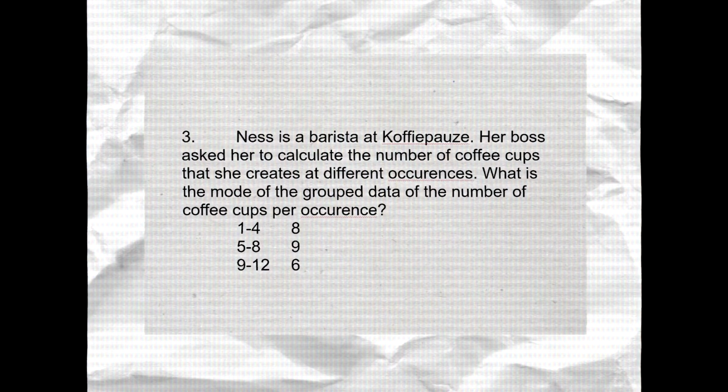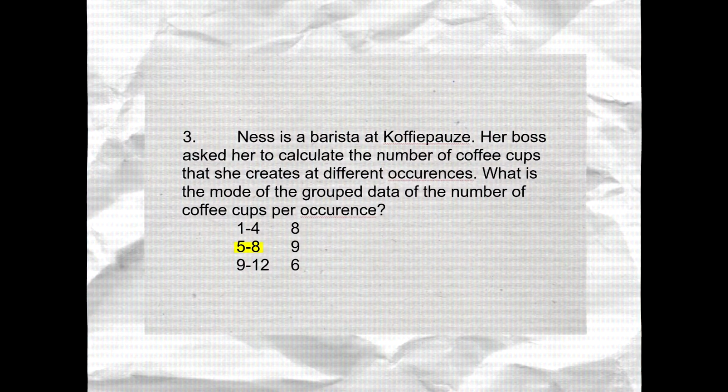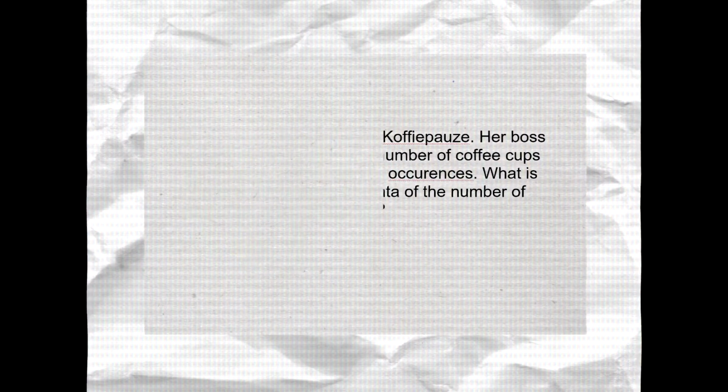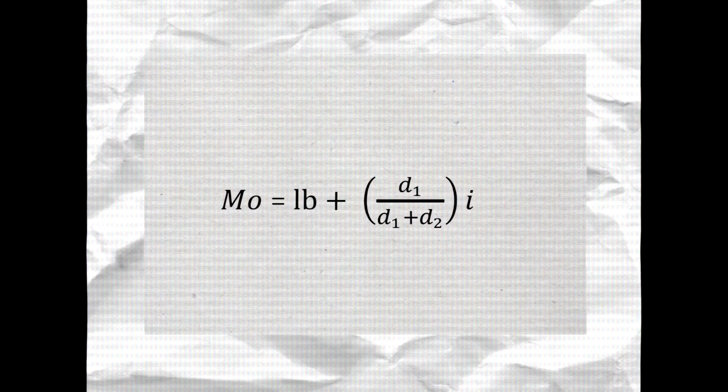Out of all the formulas that we've discussed in the group data, the mode is actually quite the easiest to understand because it's just basically finding the modal class based on F. And in this problem, since 10 is our highest frequency, then we will have 5 to 8 as our modal class. Now, next thing that we need to do is to substitute the required values of the formula, which is the one that's presented to you on the screen right now.